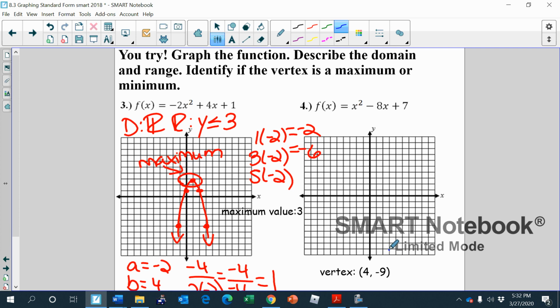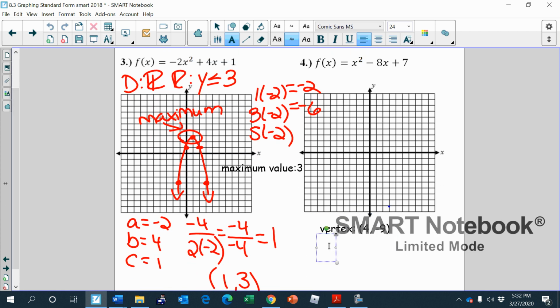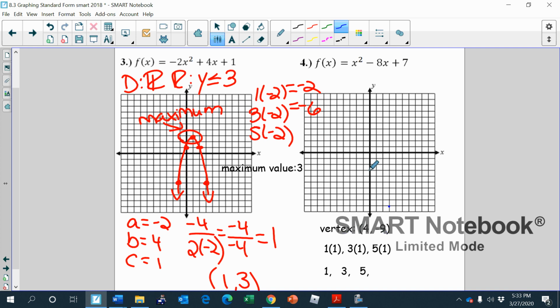And I do know I'm opening up. I know my shortcut: 1 times 1, 3 times 1, and 5 times 1. That's because A is 1. So we are going to move up 1 over 1, move up 3 over 1, and move up 5 over 1.